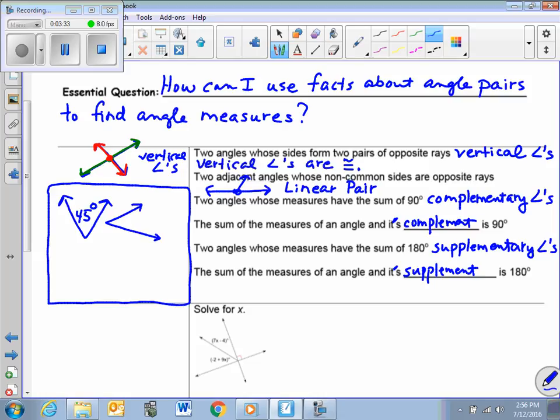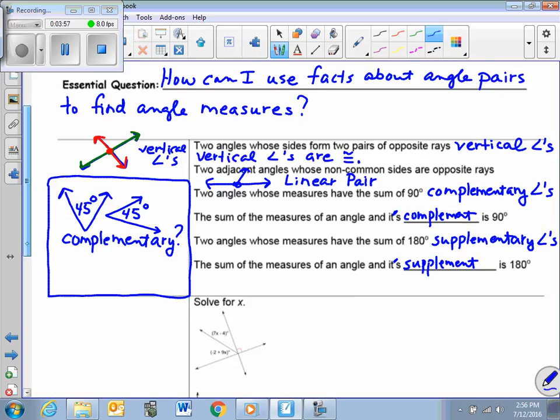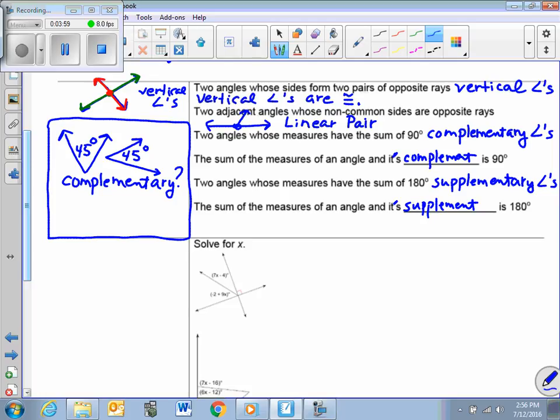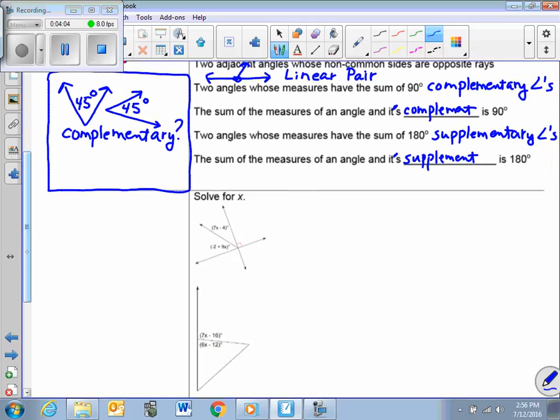Would these two be complementary? Write down whether you think they are complementary or not, and let's talk about it tomorrow. And let's do the same with supplementary. Draw yourself some examples there. We'll talk about it in class tomorrow. I'm interested to see what you think.